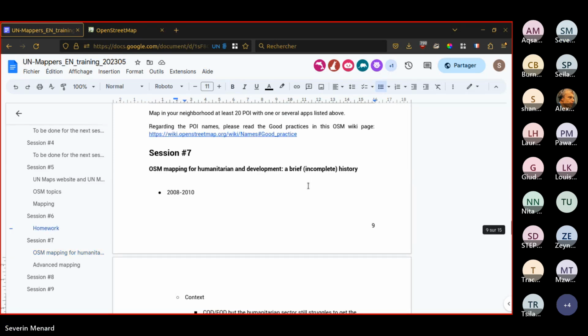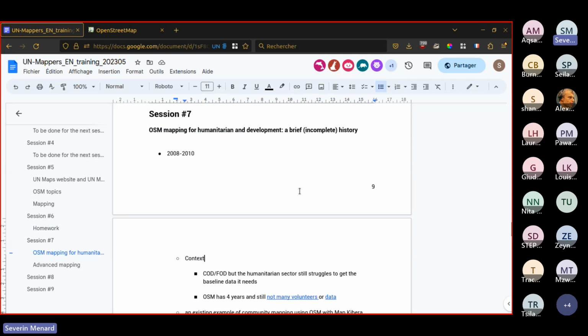Okay. So as you can see, regarding the introduction of OpenStreetMap in the humanitarian and development sectors, I mean, the starting date is between 2008 and 2010. Okay, I will explain why.